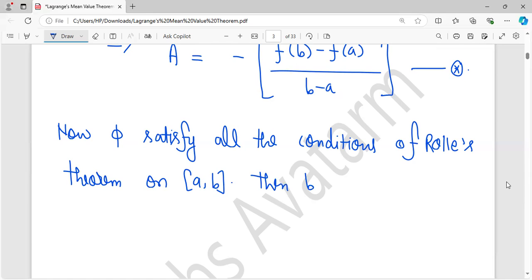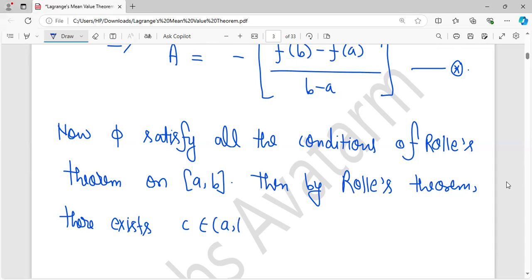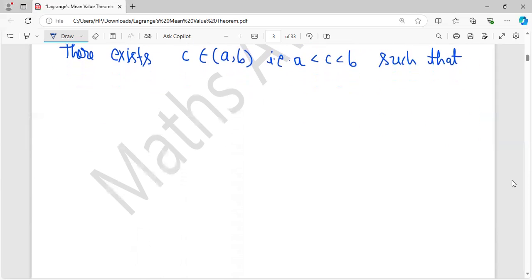Then by Rolle's theorem, there exists c belonging to open interval (a, b) such that phi dash at c is equal to 0.